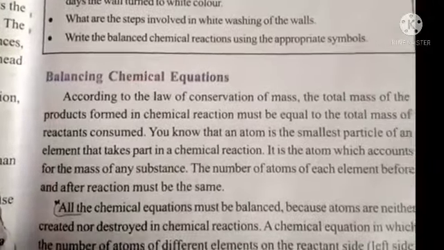Reactants and products always equal, that is called the balanced equation. Next one, formula units. Balancing a chemical equation involves finding out how many formula units of each substance take part in the reaction.